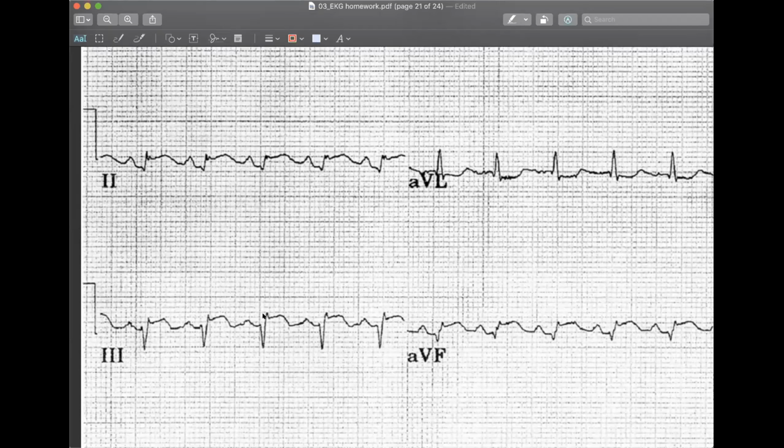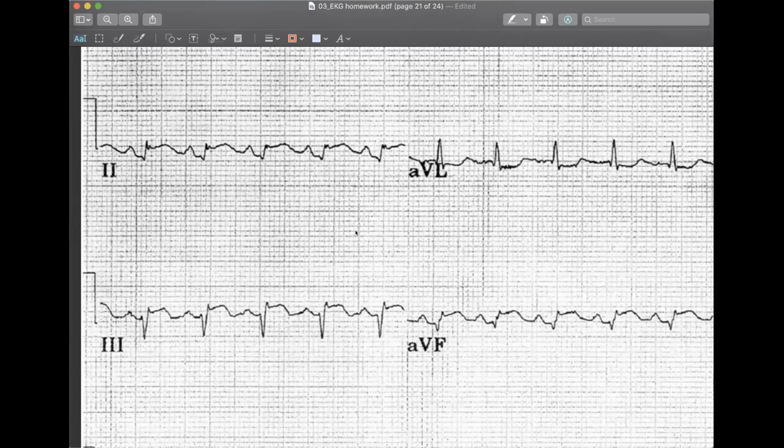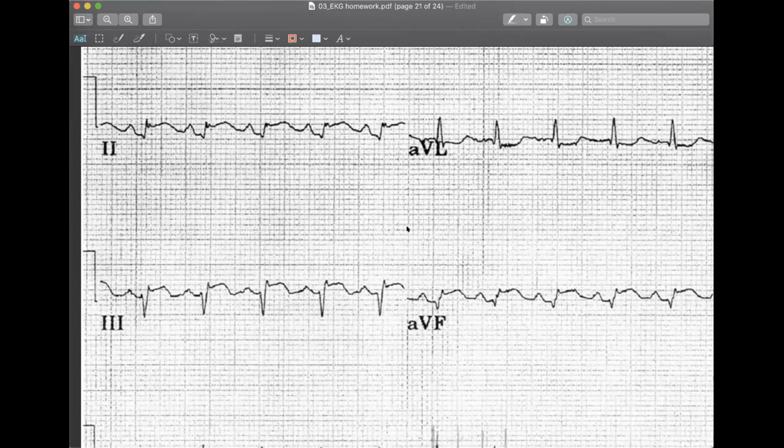Lead 3 is negative, that's fine, but AVF is not. Okay, so you would say that this is a normal axis? Yes. It's about maybe 30 or so, but a little bit more negative, maybe 20. That's okay. So the QRS complexes generally. Let's reduce the size.